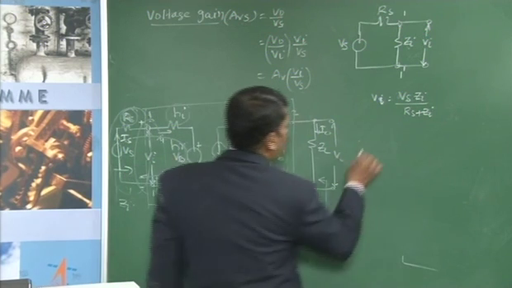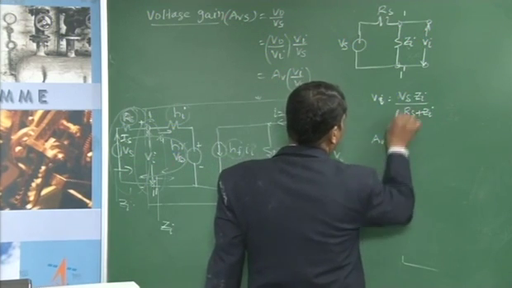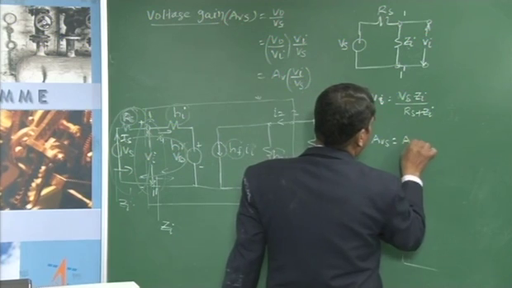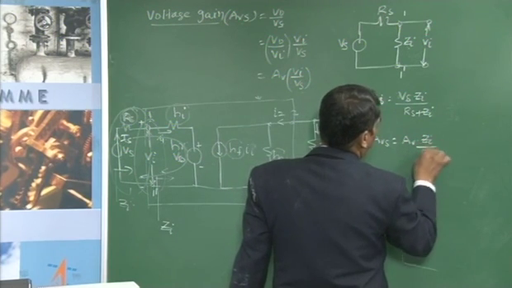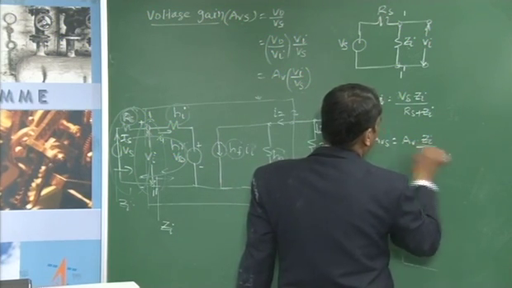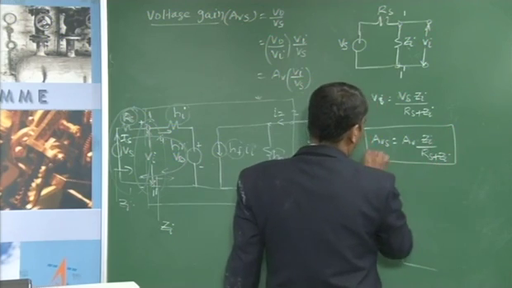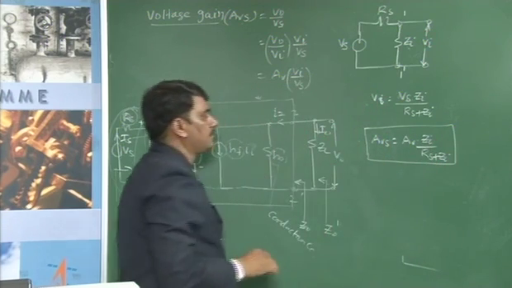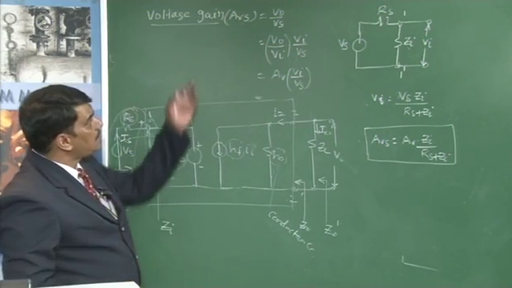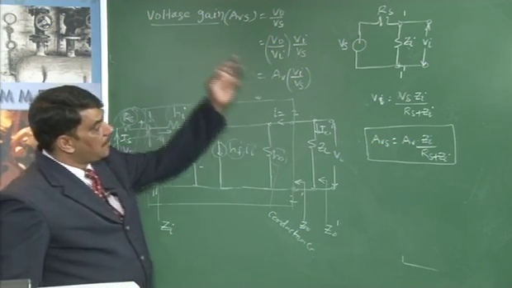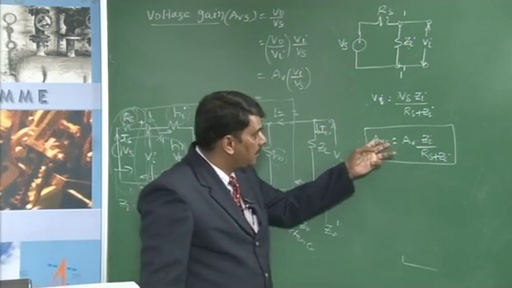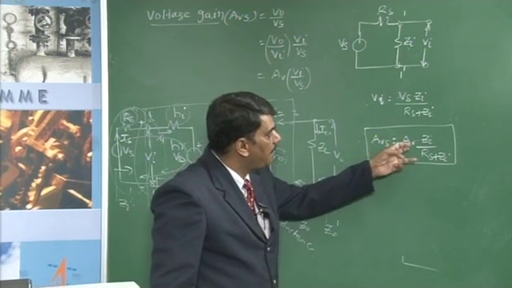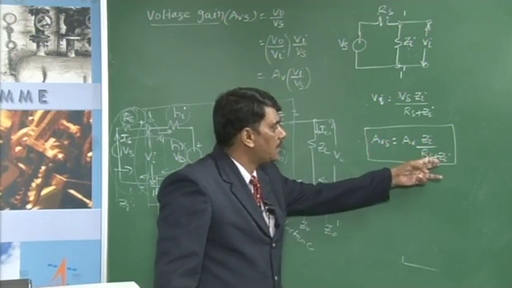Then the voltage gain AVS is given by, this ratio is substituted here, AV into Zi divided by Rs plus Zi. Means from this circuit analysis, we determined that AVS is equal to AV into Zi divided by Rs plus Zi.